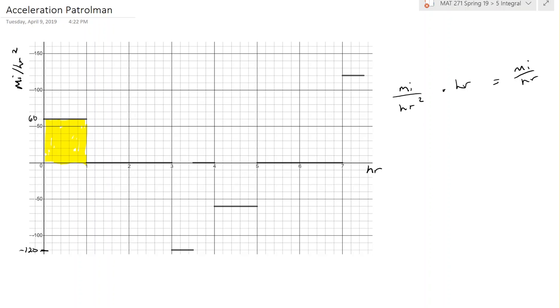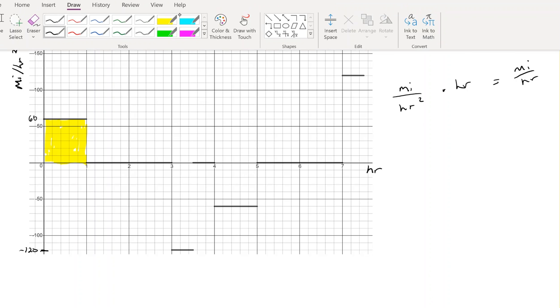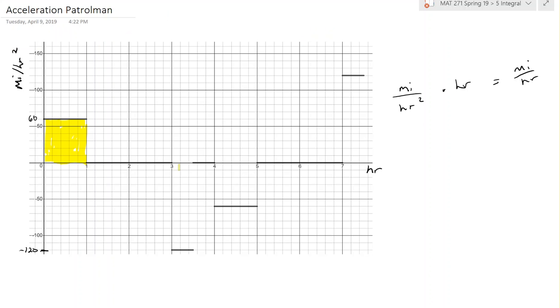So let's see. If we were to try to calculate this area, it's below the x-axis. And the area there should be, x is 1/2, right?